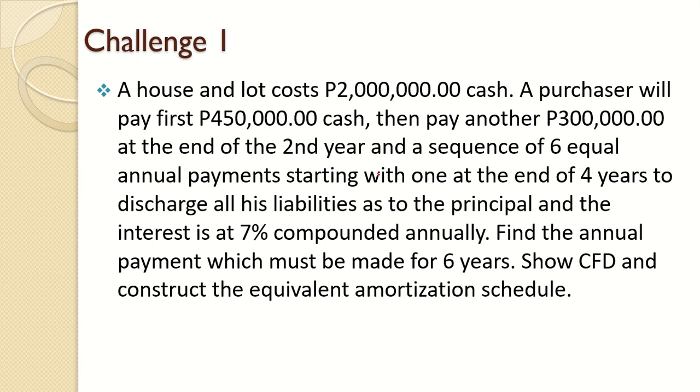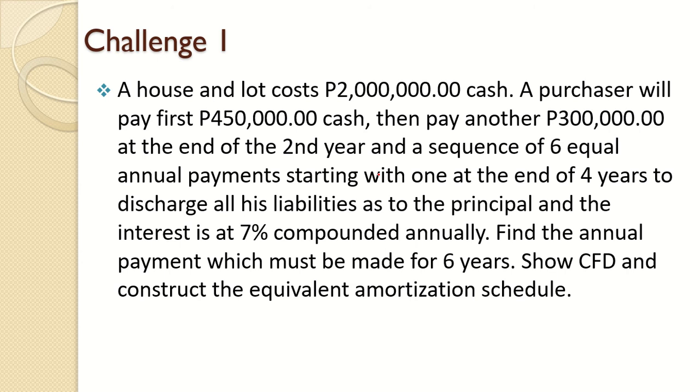Next is challenge 1. I want you to answer these two questions about the house and lot, so check your module for the challenge. The house and lot costs 2 million. Study this.